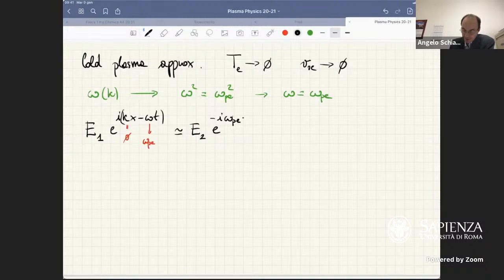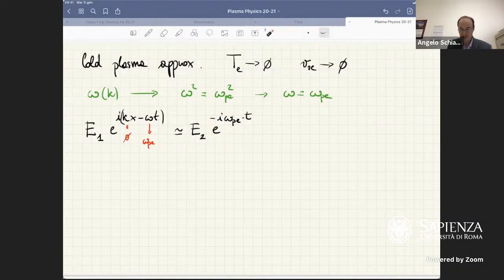The dispersion relation becomes this one here, and the wave number obviously goes to 0 in order to satisfy the relation. So we don't have the concept of a wavelength or a k number anymore, but we have the concept of local oscillation. So we see that the electric field is oscillating locally at each point in space with a given frequency, and this is the plasma frequency.